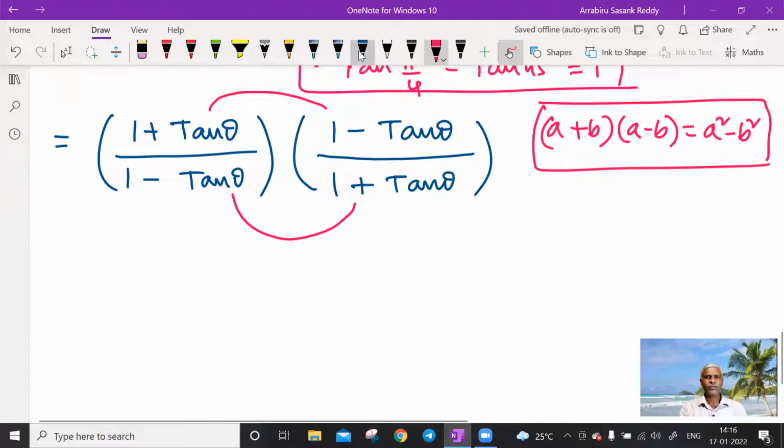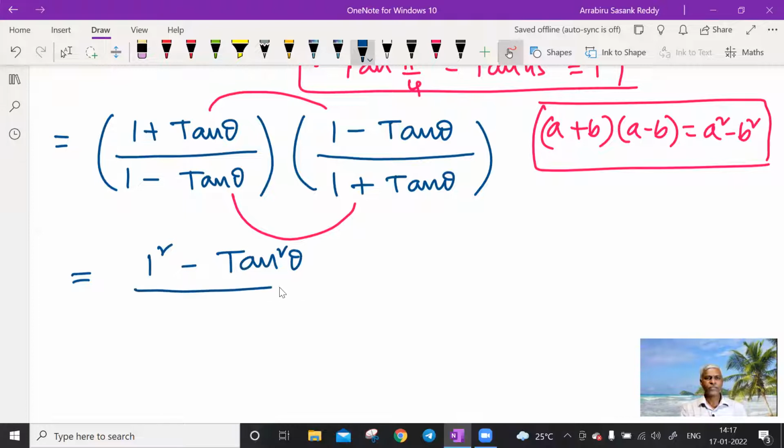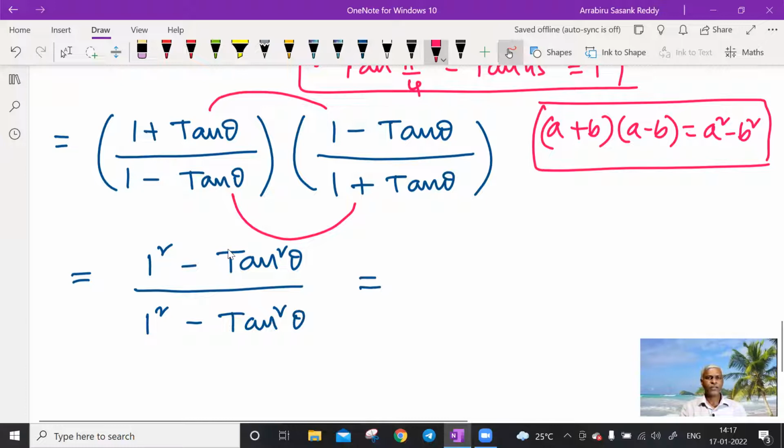Using this formula, numerator 1 plus tan, 1 minus tan becomes 1 square minus tan square theta. So this is also 1 square minus tan square theta. Both are the same, numerator and denominator equal, so that is equal to 1.